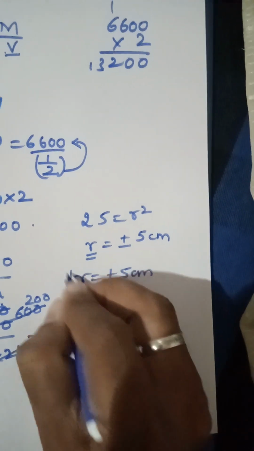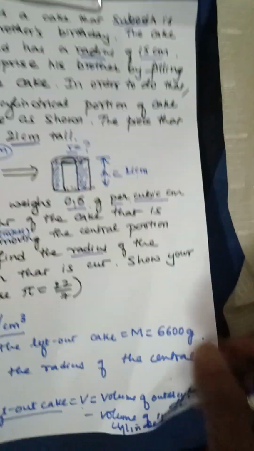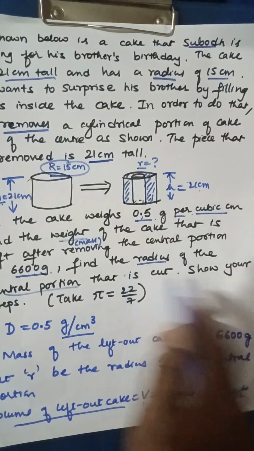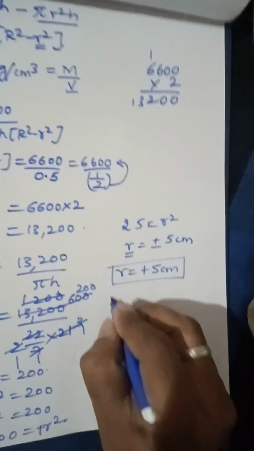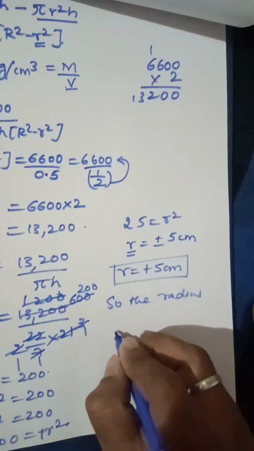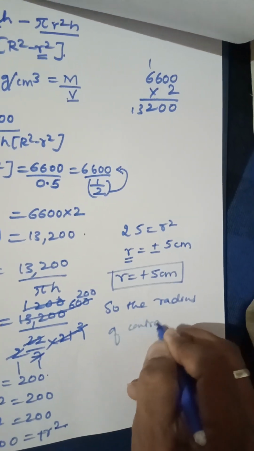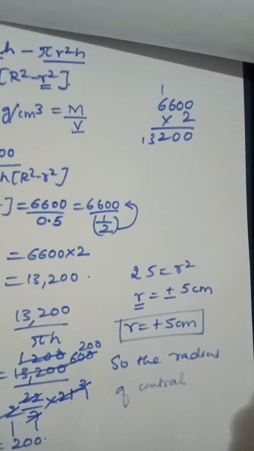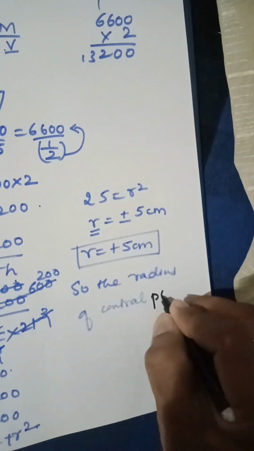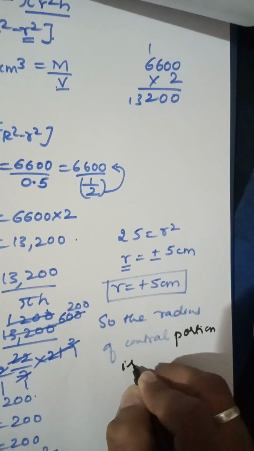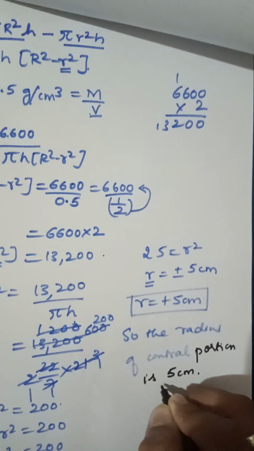So what is it that they are asking us to find? They are asking us to find the radius of the central portion. So the radius of the central portion is 5 centimeters.